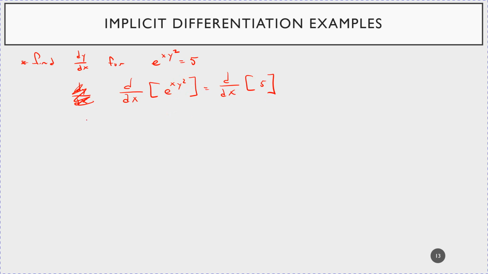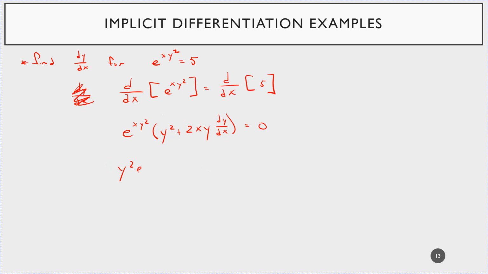So the derivative of e, you get e to the xy squared times, now you need to product rule this, right? Derivative of x is 1, so you get y squared plus x, derivative of y squared becomes 2y dy/dx, and this is just 0. Well, look, distribute.